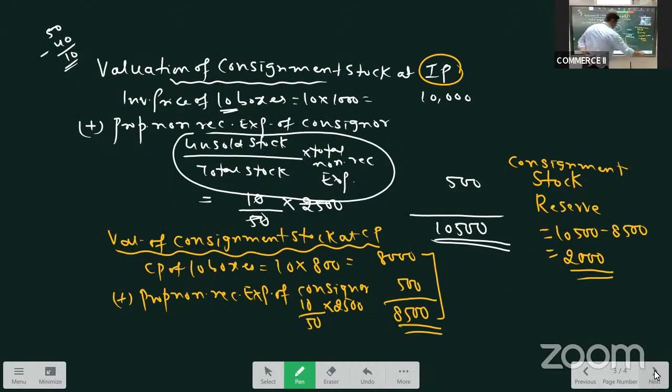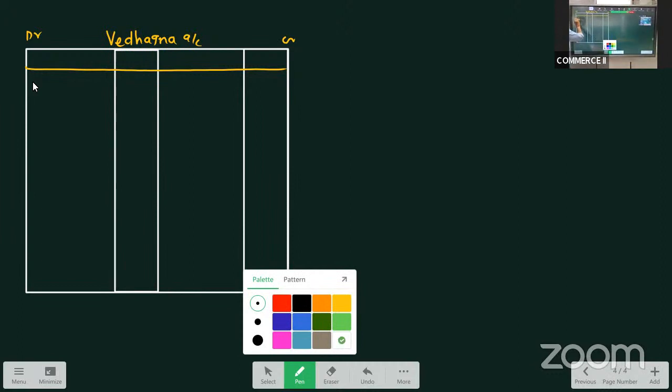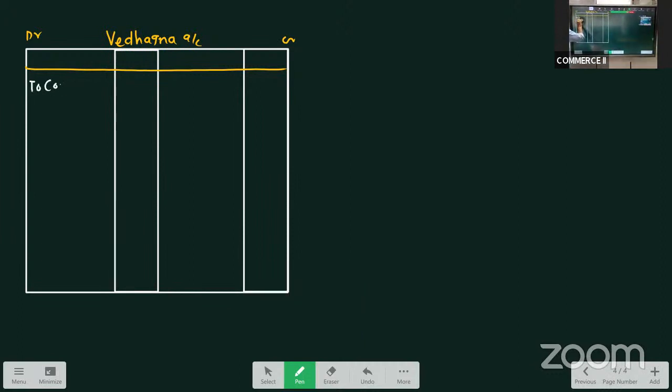So I'll take to consignment, the entry that was appearing on the credit side of consignment account. Here I'll take on the debit side as 40,000.